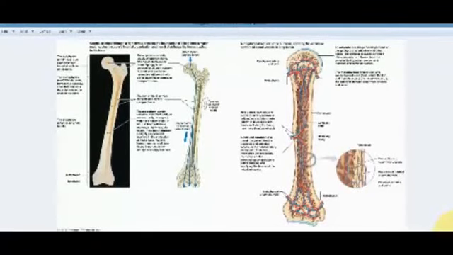Can you show us where you start with the skin of the bone? Yeah. So this is the spongy structure.